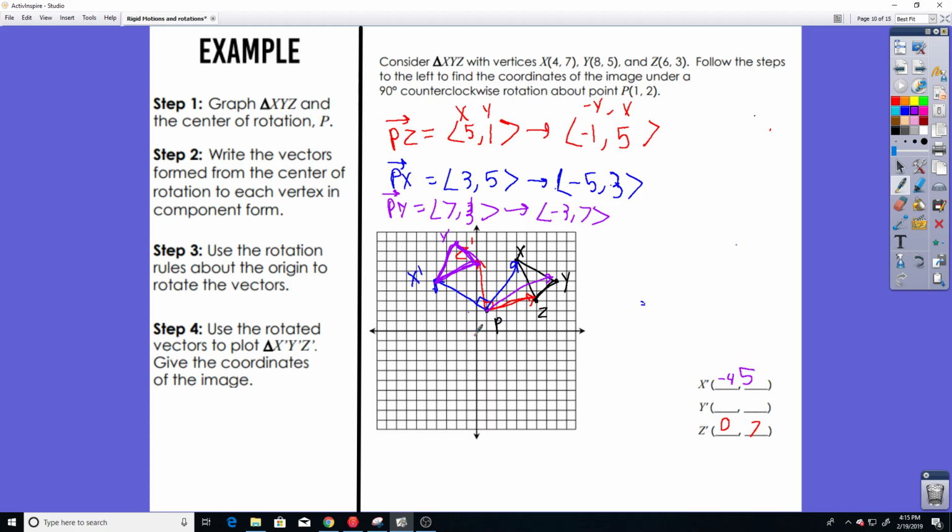And our Y coordinate is at -2, up 9. So (-2, 9). And that is how you rotate a figure when the center of rotation is not at the origin.